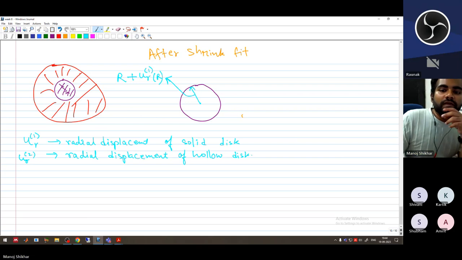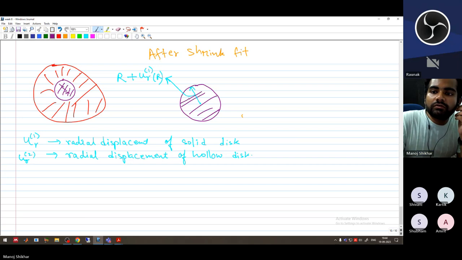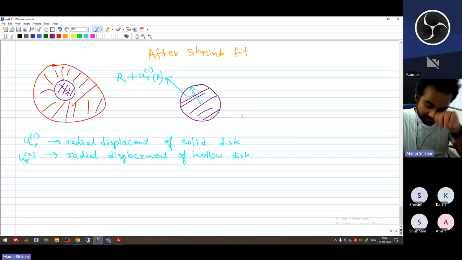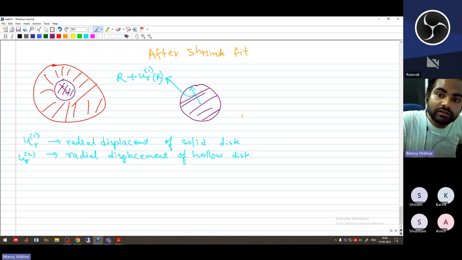If UR1 is the radial displacement of this solid disk, what will be the new radius? The new radius will be R plus UR1 calculated at the radius capital R. Keep this in mind.